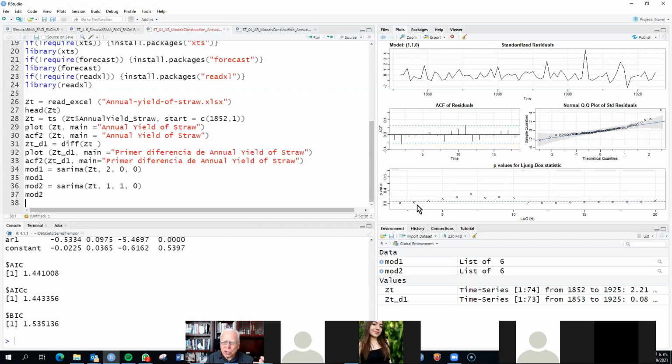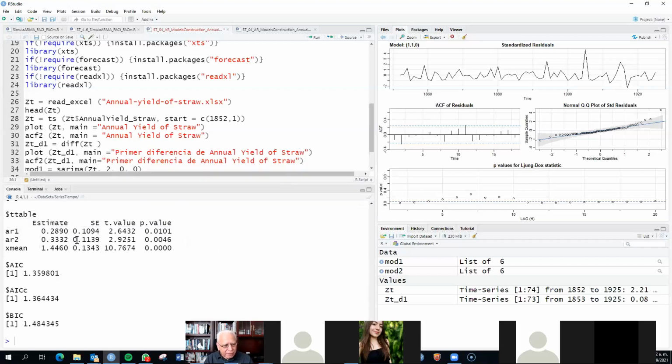So this model looks worse than the prior model, because we want to see high p-values in the Ljung-Box statistic. So we would use mod 1.